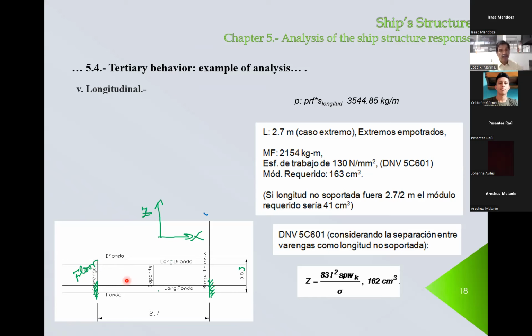If we assume the stiffener is completely supported by the transverse, this is a reliable assumption because this is a double bottom.